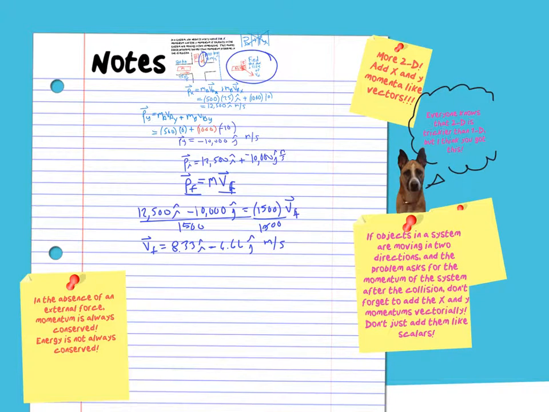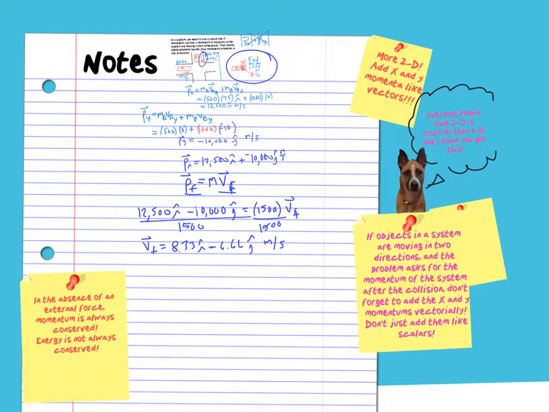Okay, what are we going to do with this now? All right, well, if I need to find the magnitude, what am I going to do? Well, if we were to draw this out, this would look, yikes, let's use the pen. If I were to draw this out, this is going to look like 8.33, and this is going to look like 6.66. And if we were to add these vectors vectorially, that is going to be my resultant.